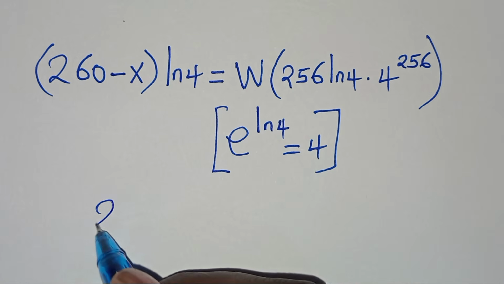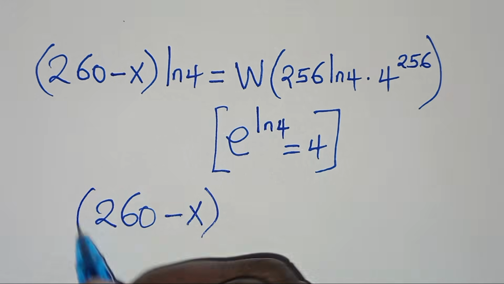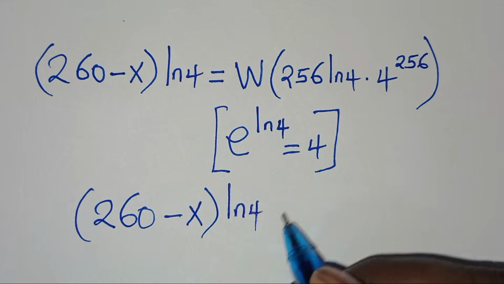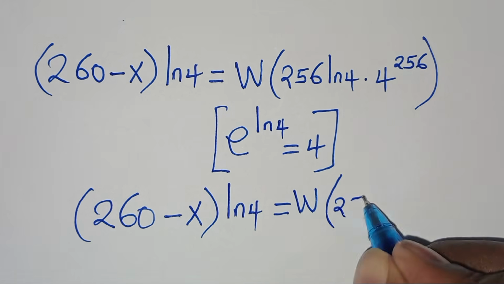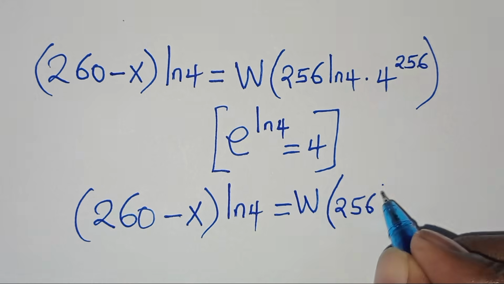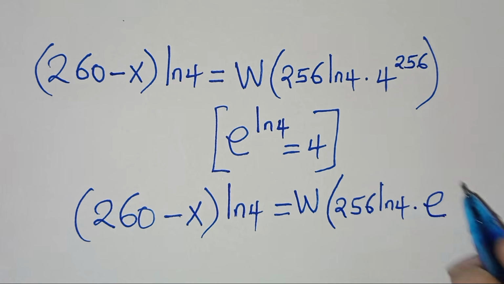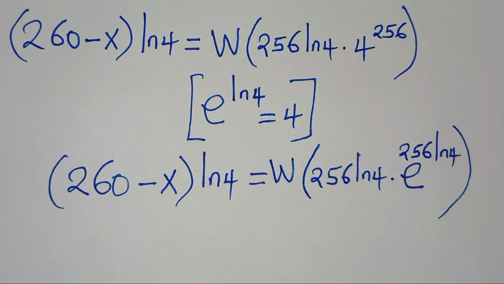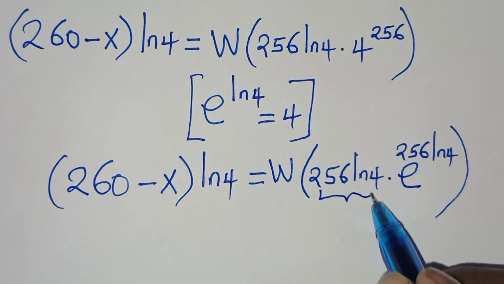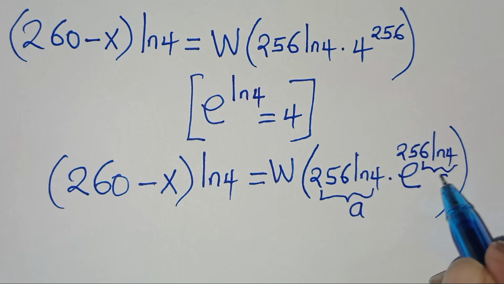So we have on the left hand side 260 minus x multiplied by ln of 4. This is equal to the Lambert W function of 256 ln of 4, then multiplied by e raised to the power of 256 ln of 4. So it's clear that 256 ln of 4 is the same thing as a.